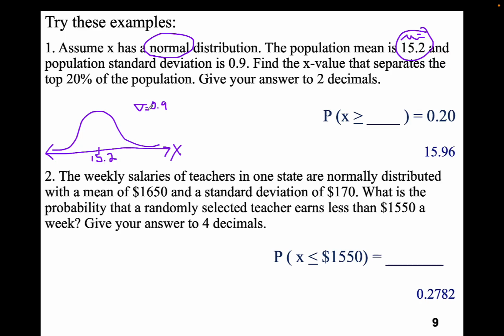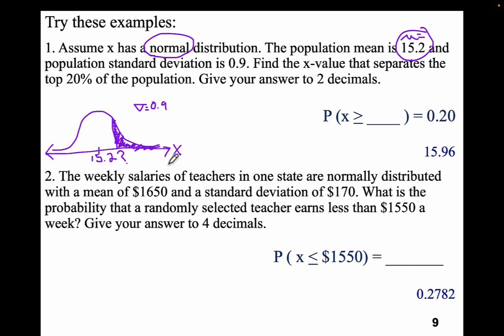Find the x value that separates the top 20%. That's over here. So top 20%, where do we stop shading? Well, just wherever we think it looks like about 20% is shaded in. We can only eyeball it, but technology will get us this accurate x value here.